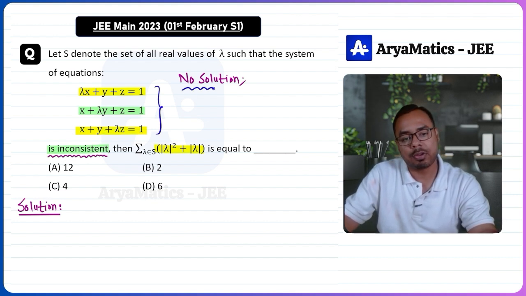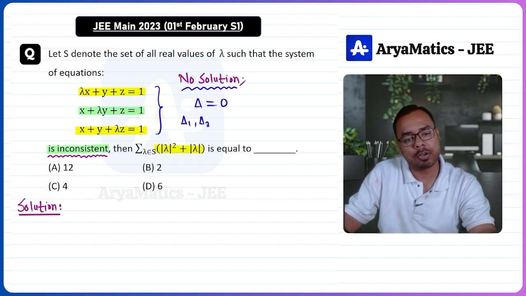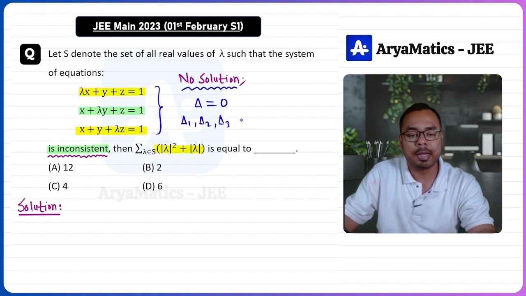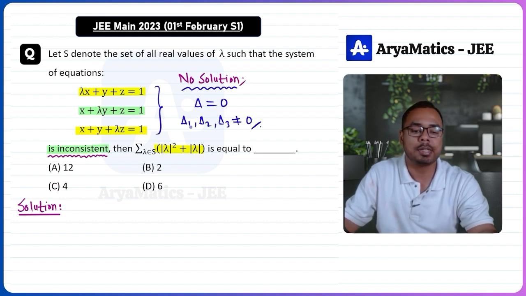So the condition for no solution is that the determinant of the coefficient matrix, delta, is 0, and then at least any one of these three, delta 1, delta 2 or delta 3, is non-zero. That means delta is 0, and delta 1 is non-zero, or delta 2 is non-zero, or delta 3 is non-zero, then it will have no solution.